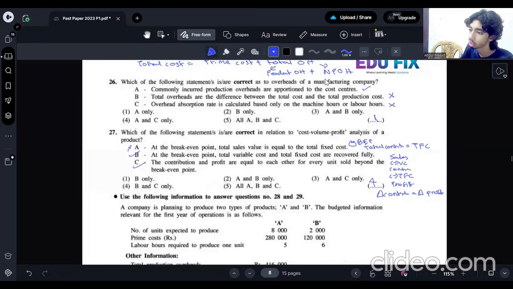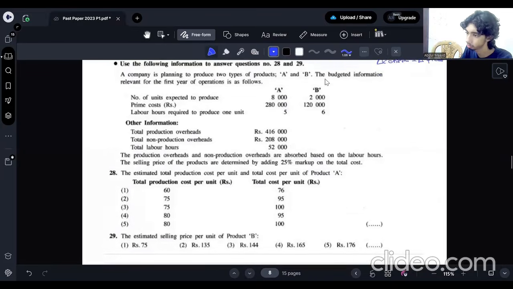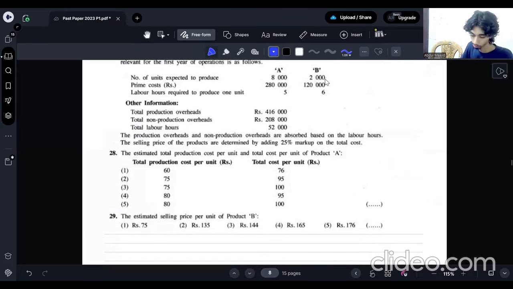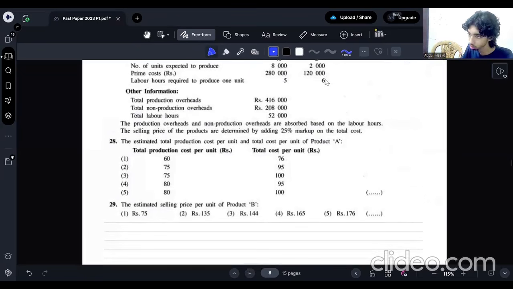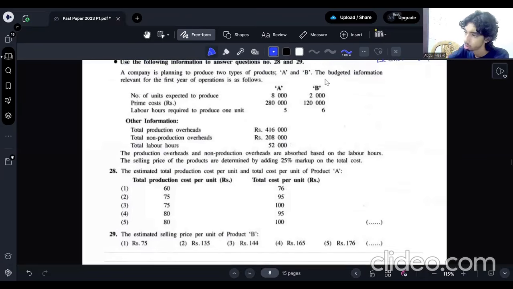Then 28. Total production cost per unit, total cost. A company is planning to produce two types of products, A and B. The budgeted information relevant for the first year of operation is as follows.